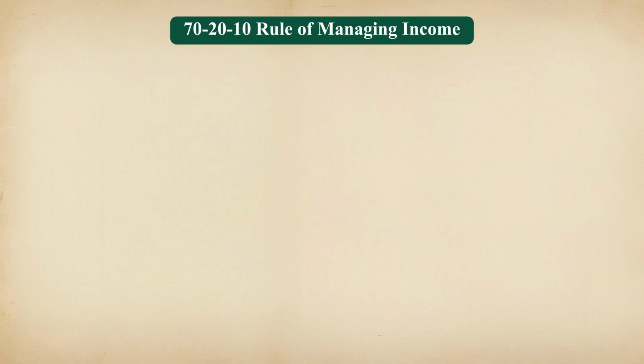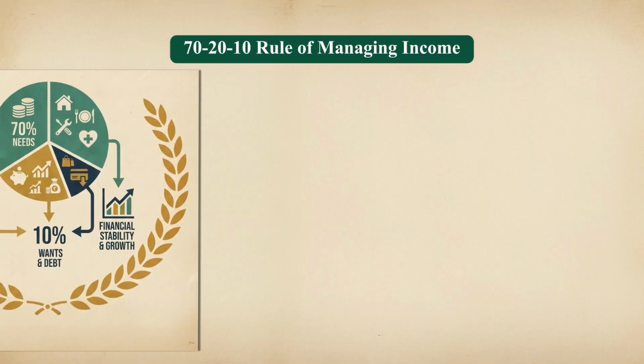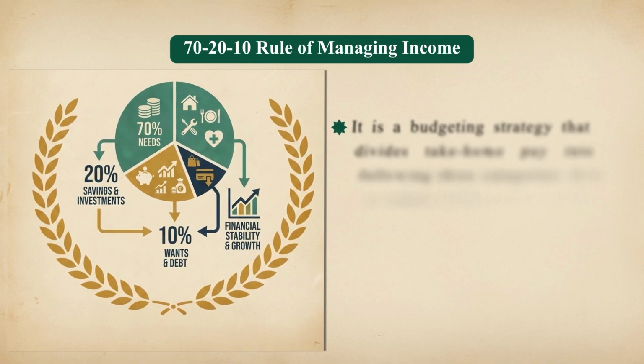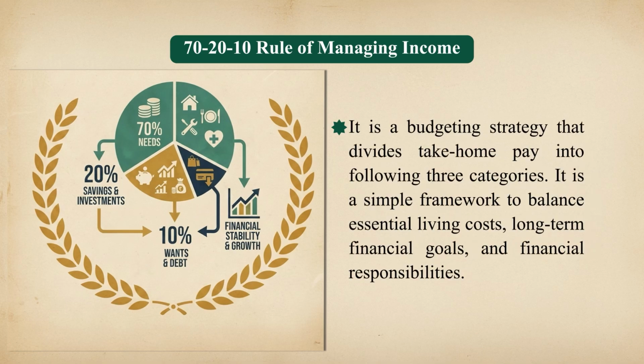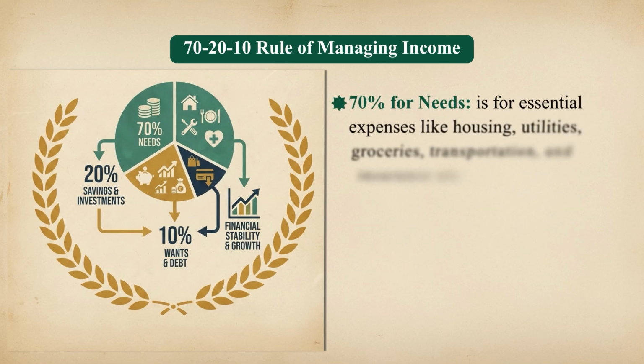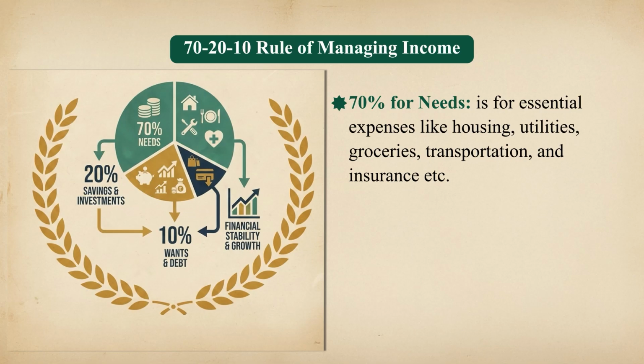Now, what is the 70-20-10 rule for managing income? It is technically a budgetary strategy which divides the take home salary or take home pay into 3 categories. It is a simple framework to balance the essential living costs, long term financial goals and financial responsibilities. In essence, 70% is allocated for one's day to day needs.